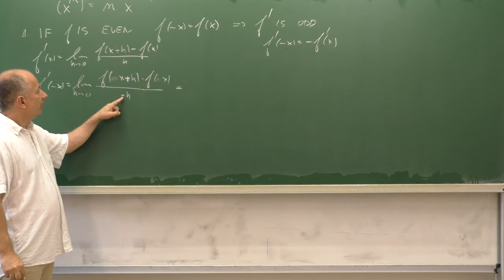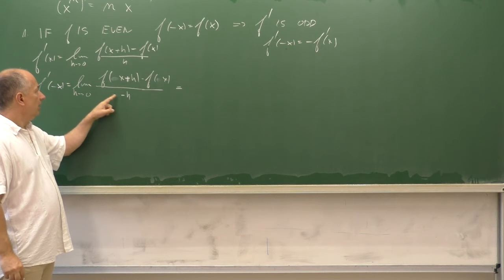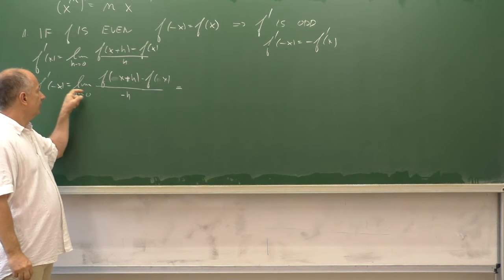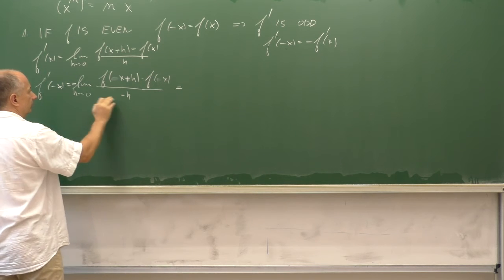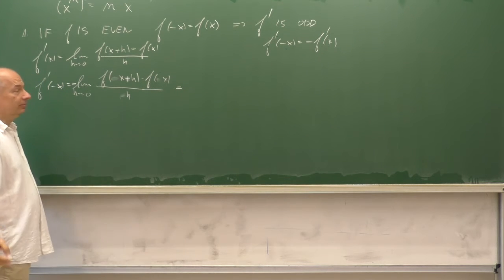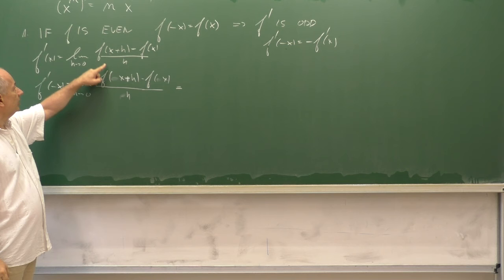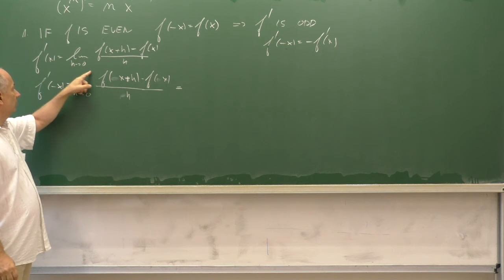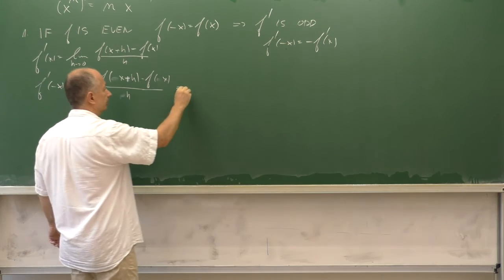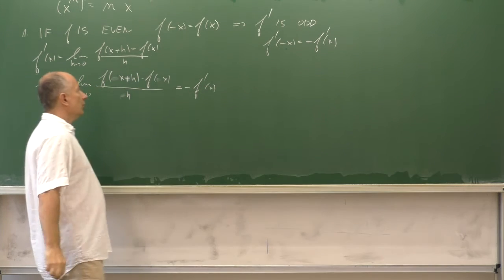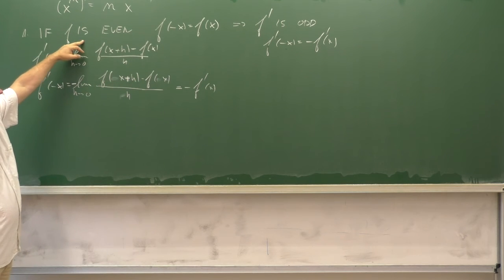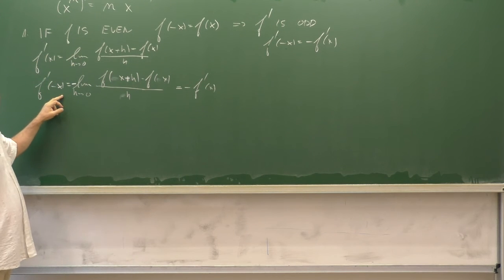But then we can factor out this minus 1 in front of the fraction and in front of the limit, and we are done. This is exactly the derivative of f, and we have a minus here. So indeed, if f is even, then the derivative is odd.